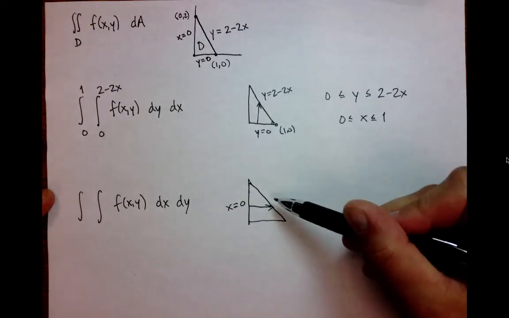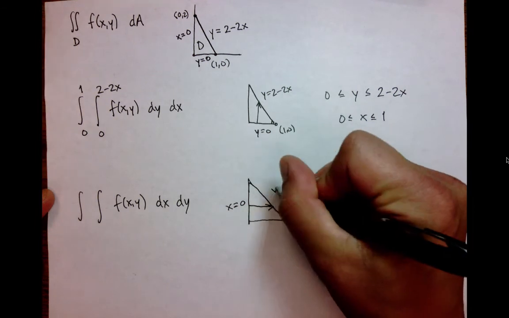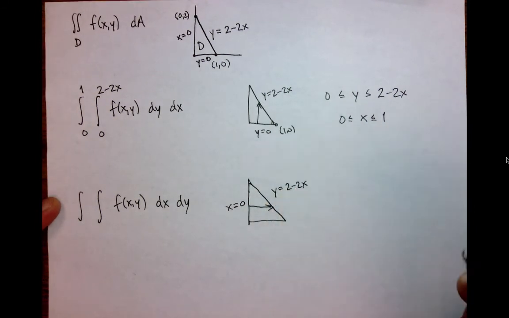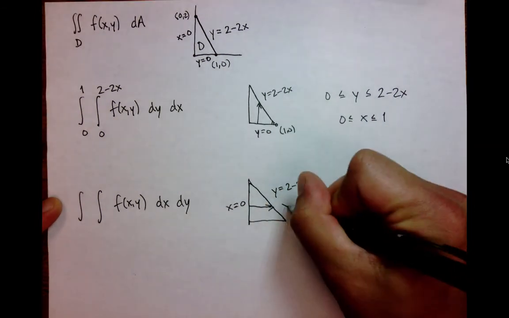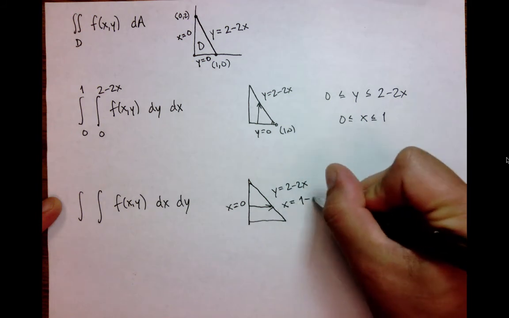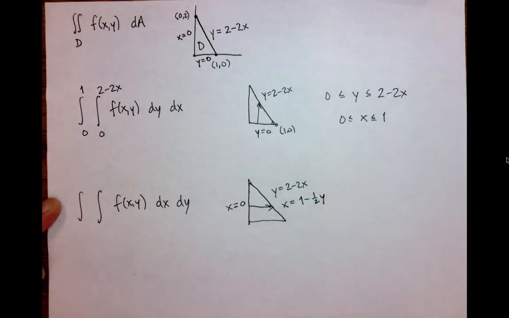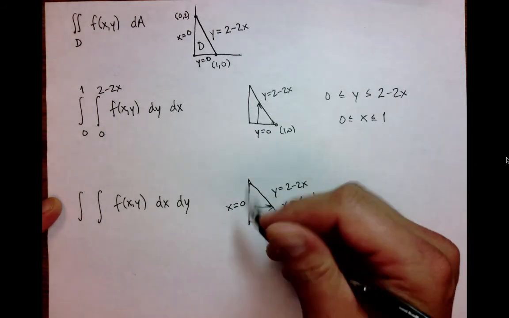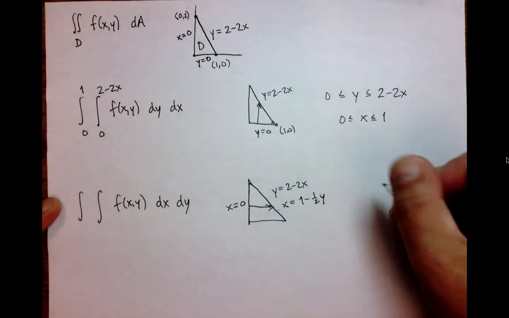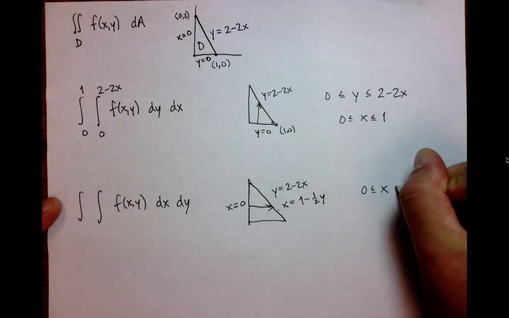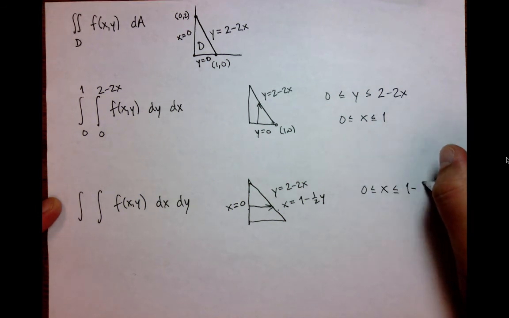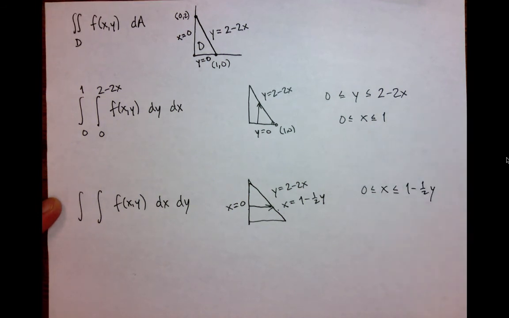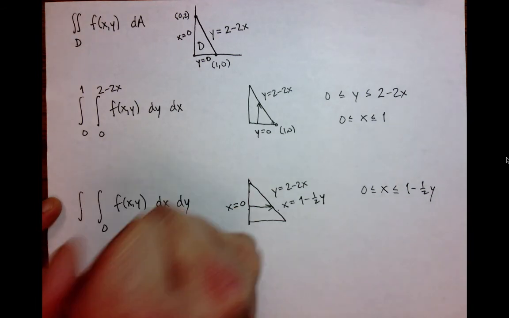And on this side, I have to solve y equals 2 minus 2x for x. So if you solve that for x, you get 1 minus 1/2 y. So I'm going from this line to this line, so x goes from 0 to 1 minus 1/2 y. And those are the limits on x for that integral.